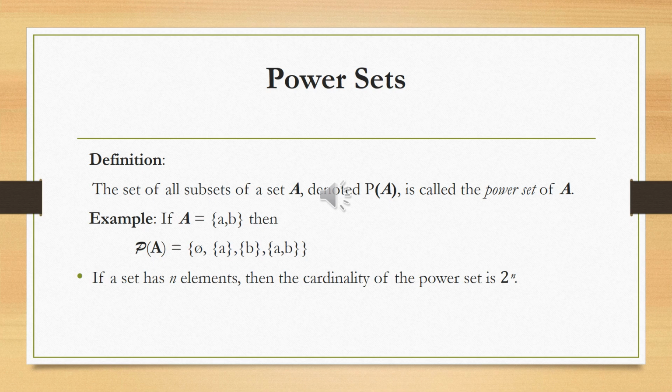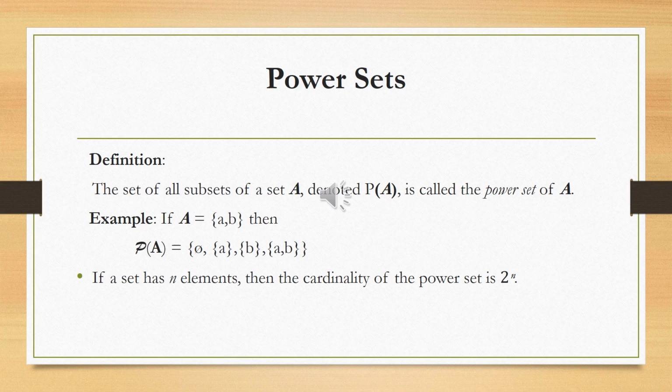Power sets. Definition: the set of all subsets of a set A, denoted by P(A), is called the power set of A. If A is a set that consists of two elements a and b, then the power set of A is the set containing the null set, a set that consists of a, a set that consists of b, and a set that consists of a and b.